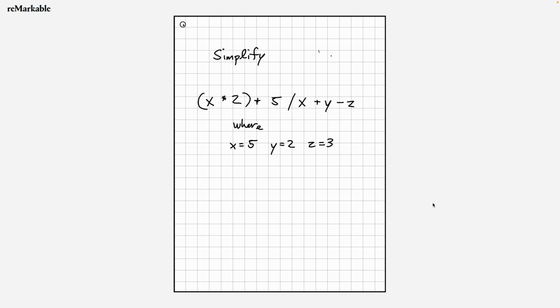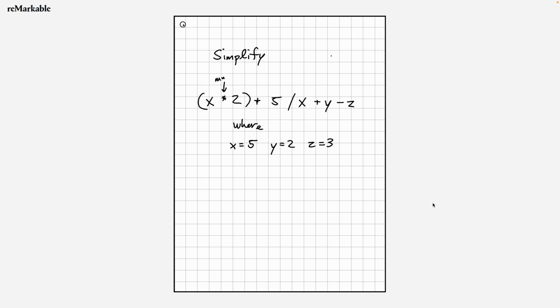So this, and this, these are all variables, right? Anytime you see an X, a Y, or a Z, those are variables. Parentheses are parentheses, right? So left parentheses, right parentheses.